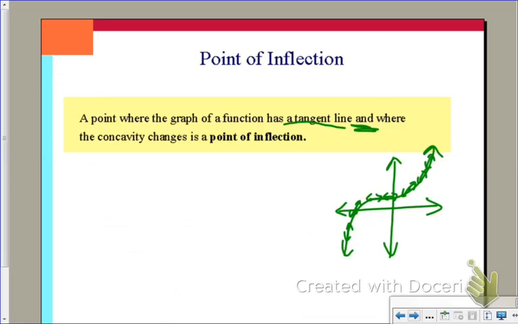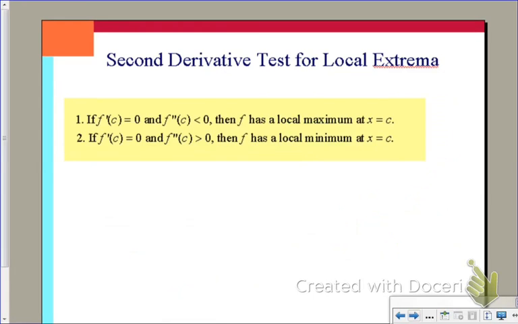Now, it doesn't necessarily say it has to be continuous, notice. It just says by definition where the graph has a tangent line and where concavity changes, we call it a point of inflection. So point of inflection goes with the second derivative, and the first derivative goes with critical point. Don't get the two mixed up.